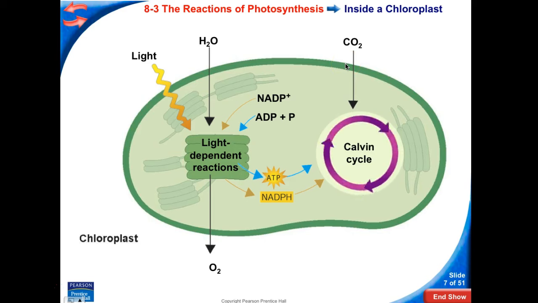As the Calvin cycle occurs, CO2 is coming in. That's where the carbon for the sugar molecule comes from, CO2. ATP is going to supply energy, and NADPH is going to supply the electrons to help convert CO2 into a sugar. So coming out, we get the sugar molecules.